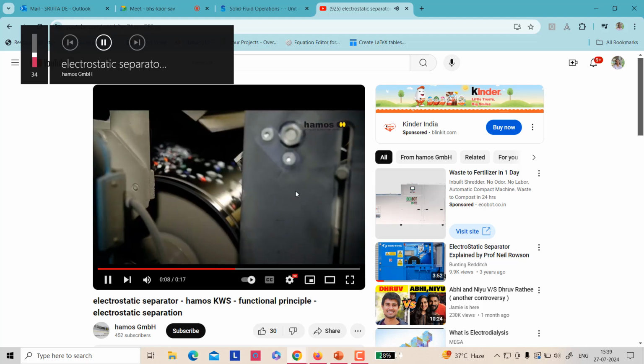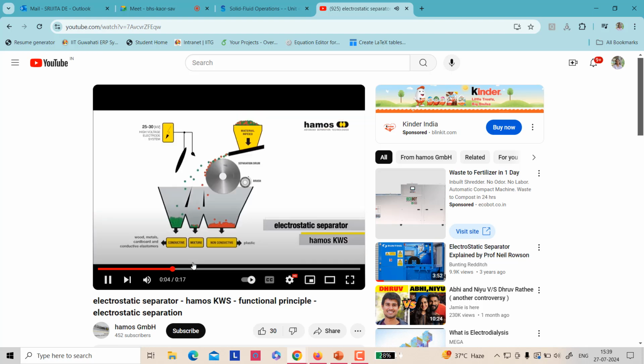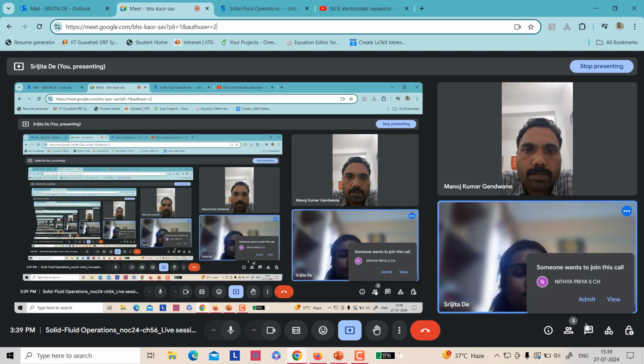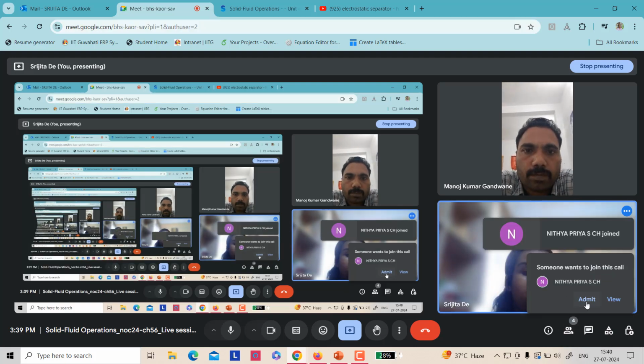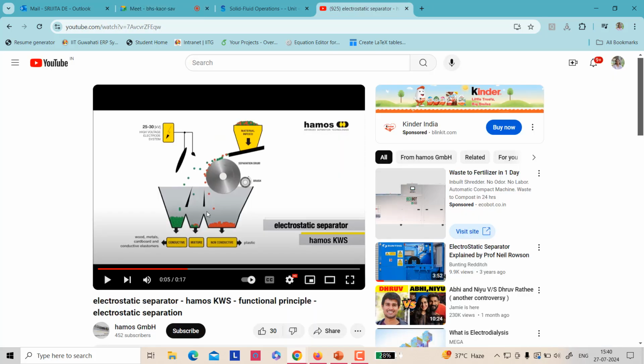Are you able to hear the sound? Yes. So you can see here the material feed, a mixture of particles coming in, and some of them are electrically charged.